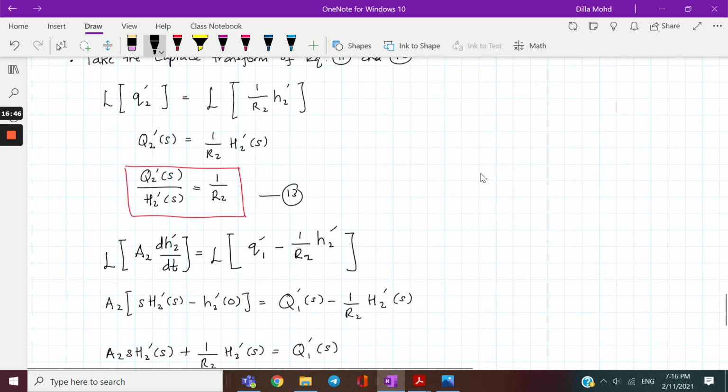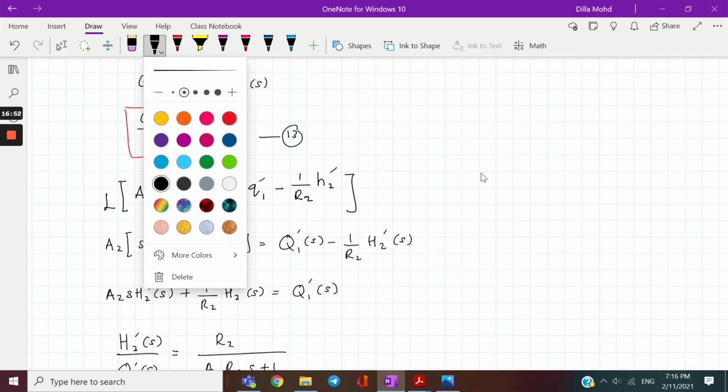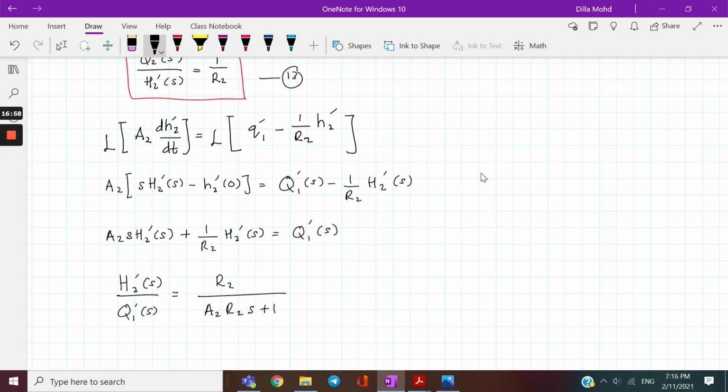Okay, and then from equation 12, you do the same thing. You have your equation in terms of deviation variable, and you take the Laplace transform, and when you take the Laplace transform, you end up with this equation, H2 prime over Q1 prime equals R2 over A2R2S plus 1.